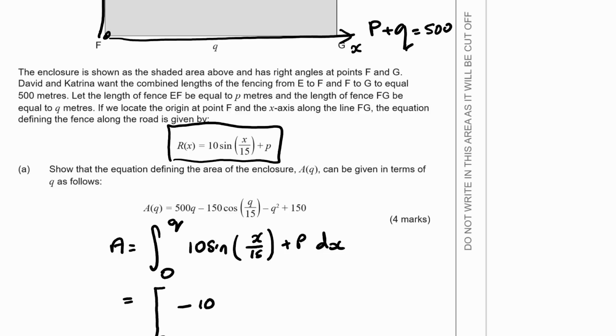10 cos x over 15 divided by 1 over 15. Remember, that's a reverse chain, plus px to go from 0 to q.